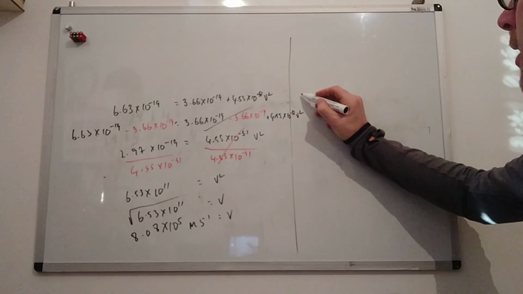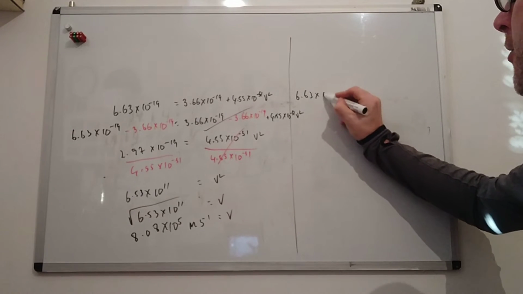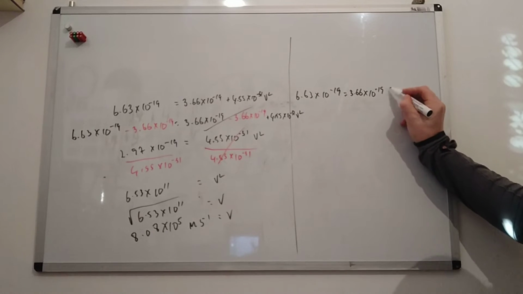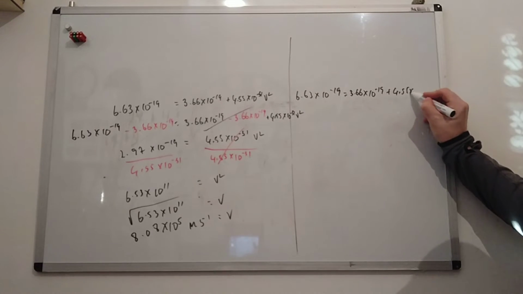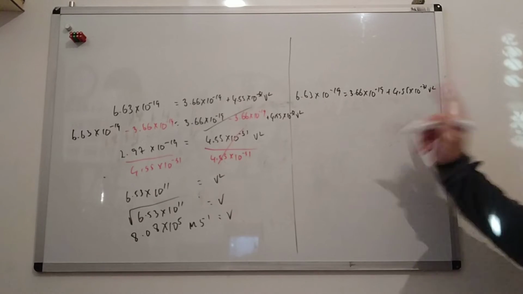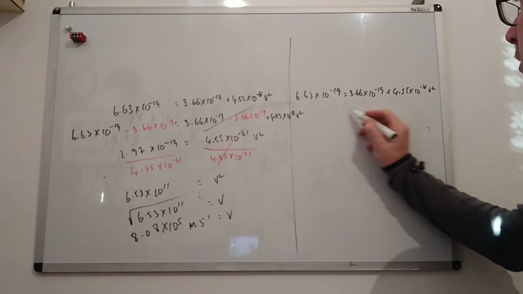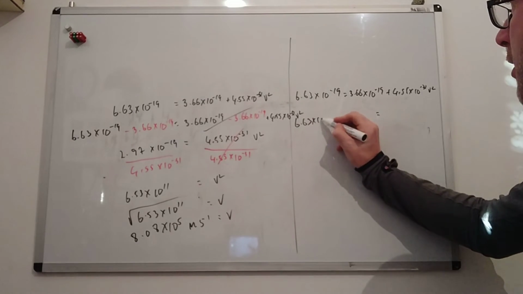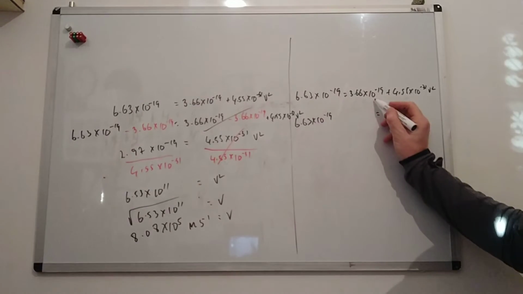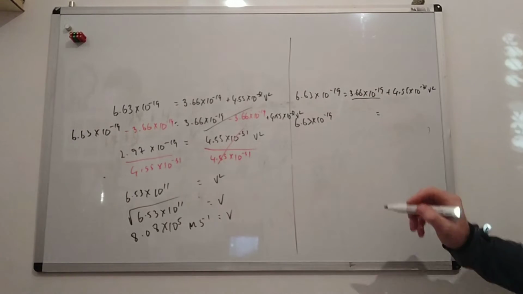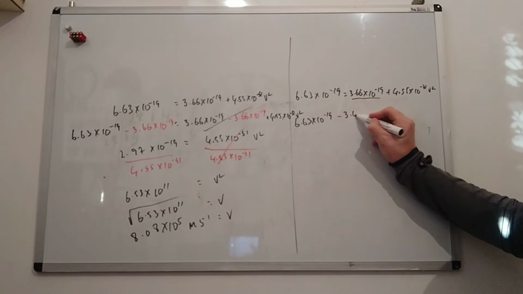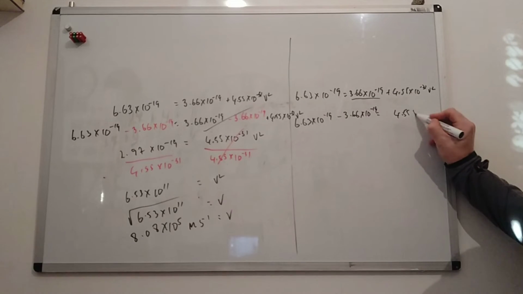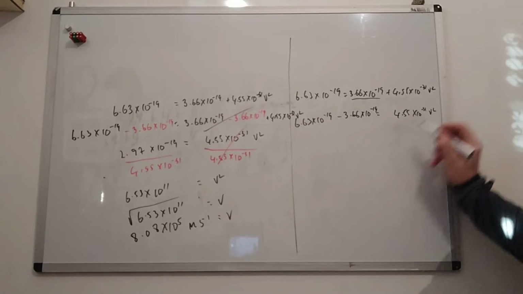So we had 6.63 by 10 to the minus 19 equals 3.66 by 10 to the minus 19 plus 4.55 by 10 to the minus 31 v squared. I have no problem with you doing it this way. I'm going to break my rule regarding the equal sign, just for room. 6.63 by 10 to the minus 19, this is adding, so it goes across as minus 3.66 by 10 to the minus 19 equals 4.55 by 10 to the minus 31 v squared.